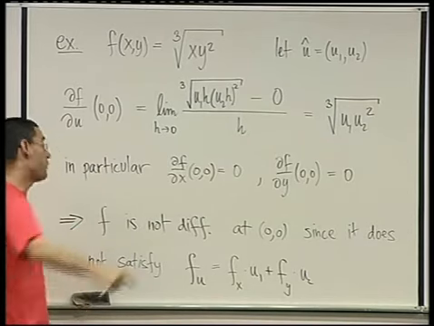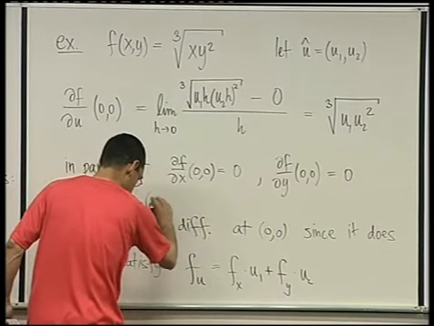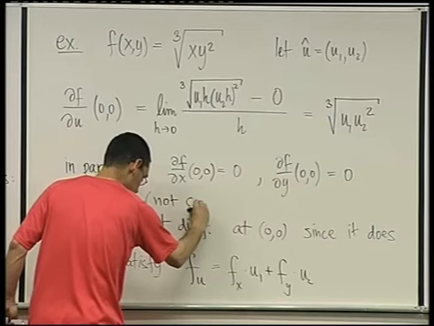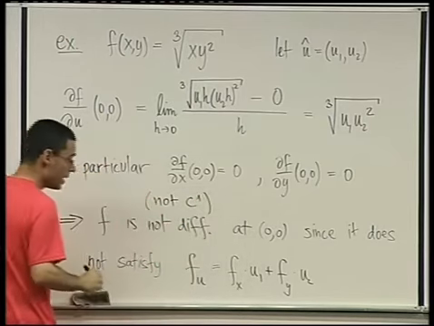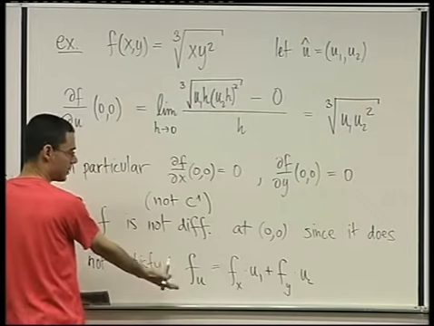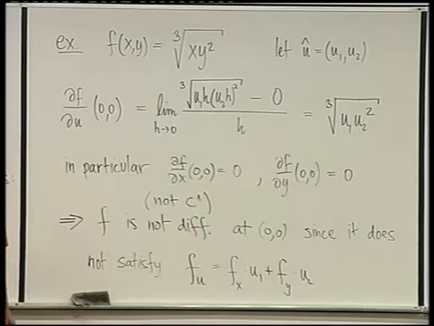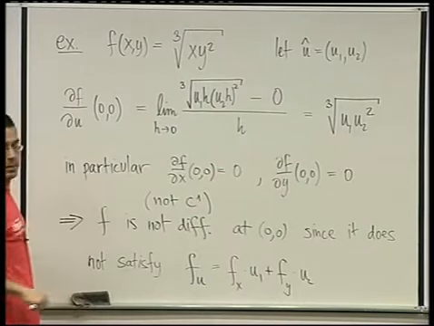Okay? If it were differentiable, if it were C1, well, let's add here not C1. If it were differentiable, it would satisfy that theorem. But it doesn't satisfy the theorem because this is 0 and this is apparently not. Clear? Conclusion, can't be differentiable. Clear?